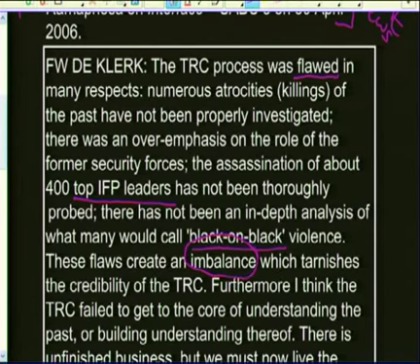So according to de Klerk, the TRC was not only flawed, but it was not balanced. So he argued that it only looked at one side. It didn't look at all the sides as it had claimed. Because again, remember the sources we started with before the break? Bishop Tutu said that the aim of the TRC was to give equal opportunity to both the victims and the perpetrators.